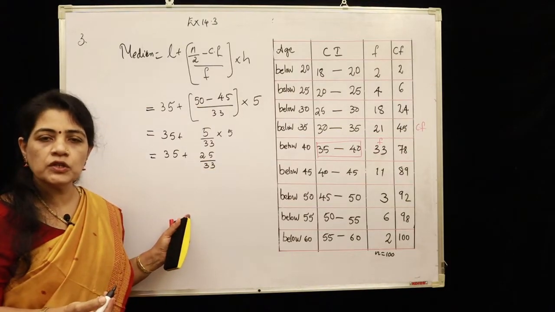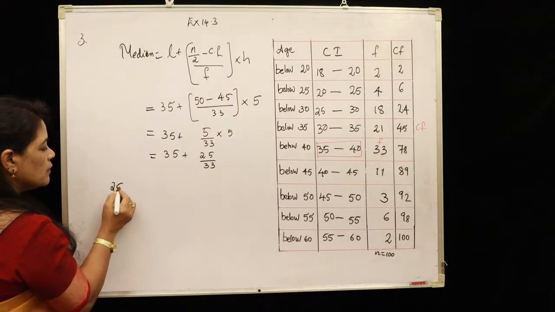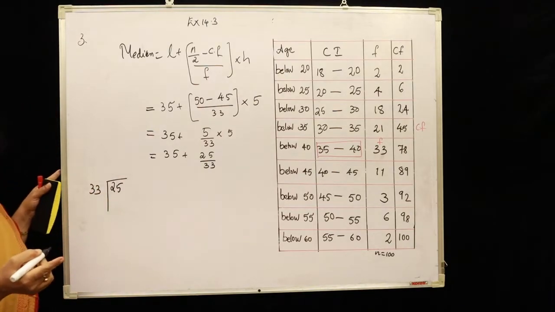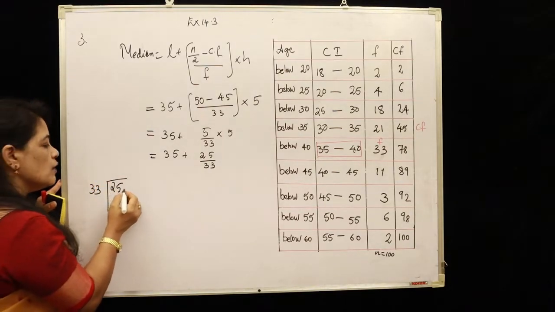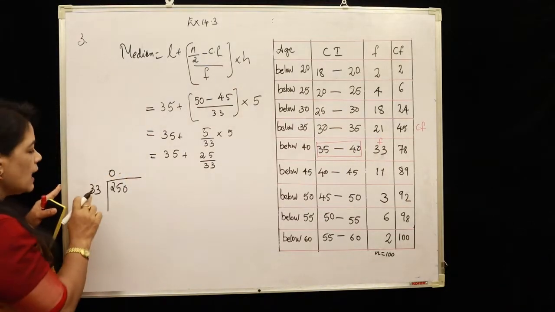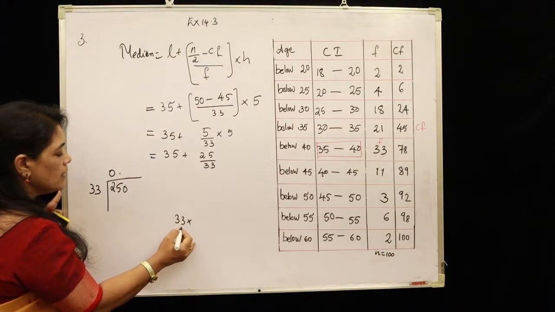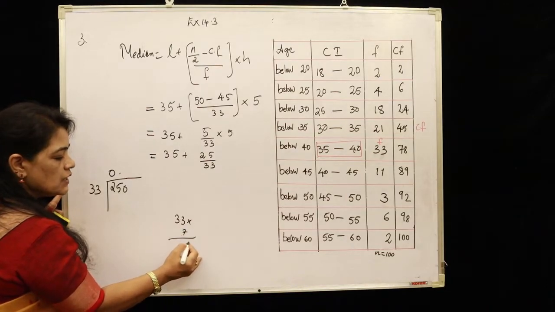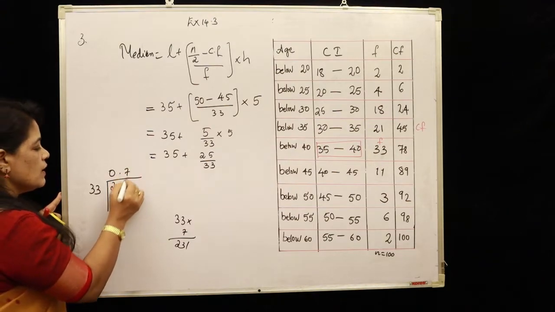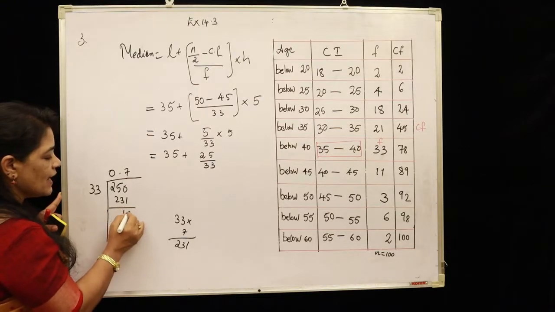We can divide 25 by 33. Since 25 is less than 33, we put 0 and at the same time a decimal point in the quotient's place. And 33 into 250, can we take 7? 7 threes are 21, 2 carries. 7 threes are 21 plus 2 is 23. On subtraction you will get 19.